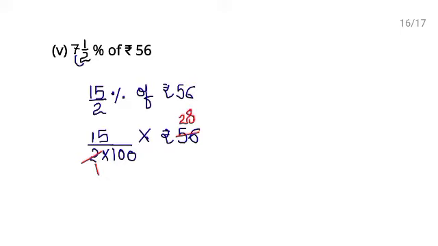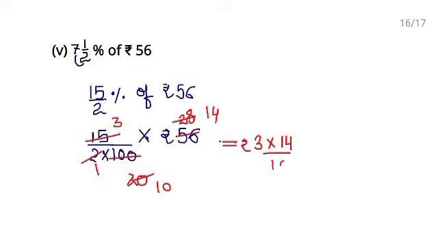Clear? Now this and this both are divisible by 5. 5 3s are 15, 5 2s are 10, 0. Again by 2, 2 10s are 20, 2 1s are 2, 2 4s are 8. So now in numerator you have 3 multiply 14 in rupees and in denominator 10.